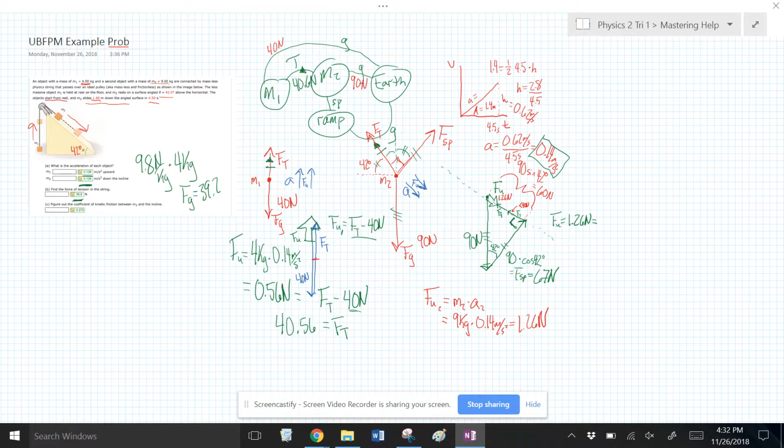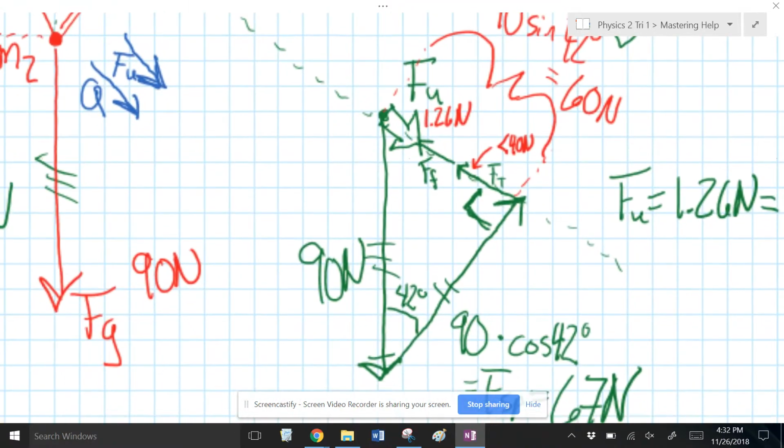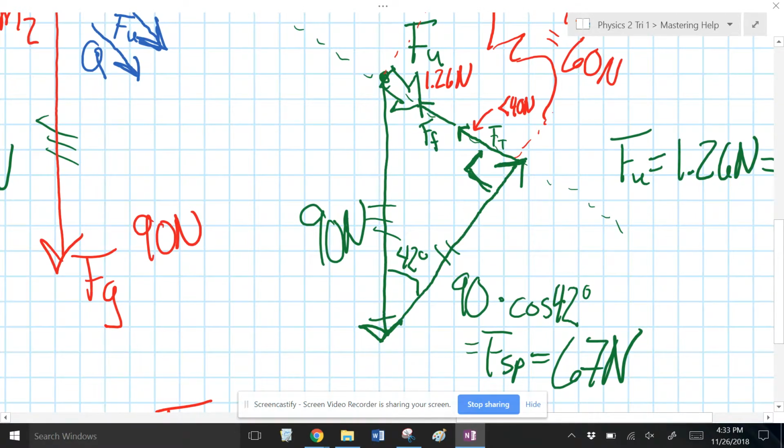We know we've got to have a tension force greater than the gravitational force. All right, so if that tension is 40.56, that means that over here, why did I think it had to be less than 40? That's not right. This has to be 40.6 newtons.